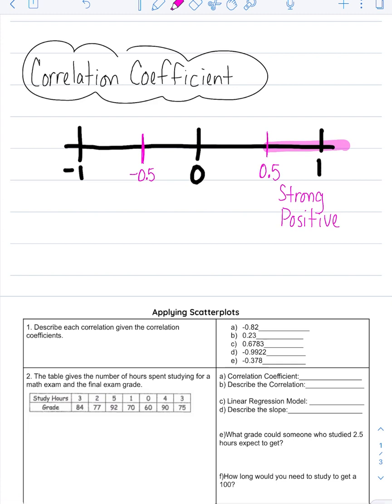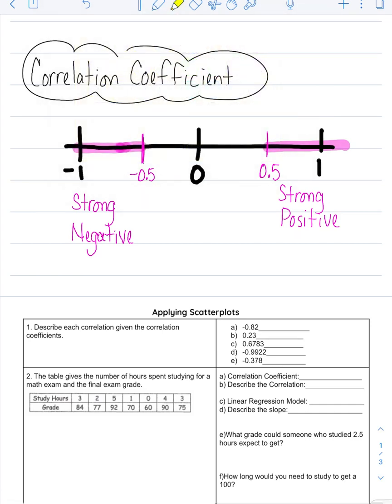Similarly, if the number is between -0.5 and -1, we say those have a strong negative correlation, or a strong negative relationship. So if those are strong positives or strong negatives, let's talk about what the other numbers mean.